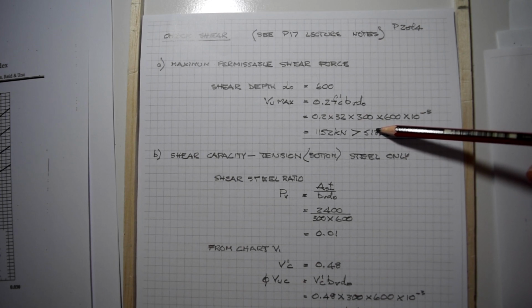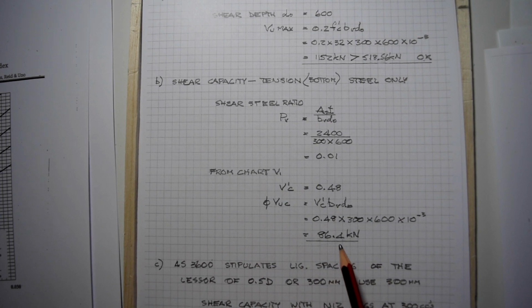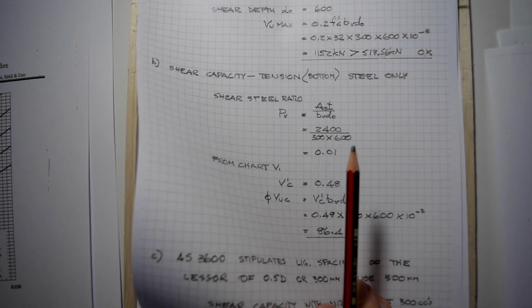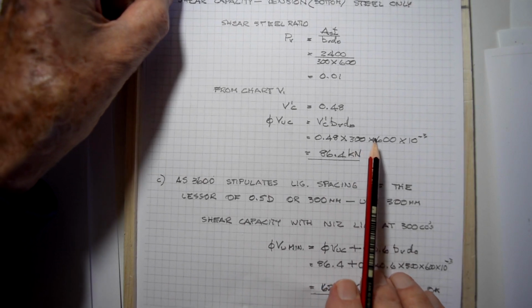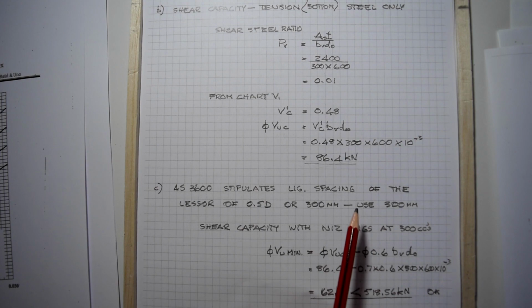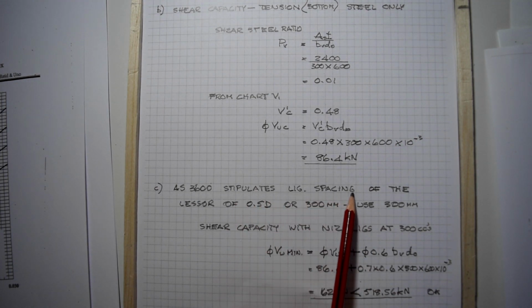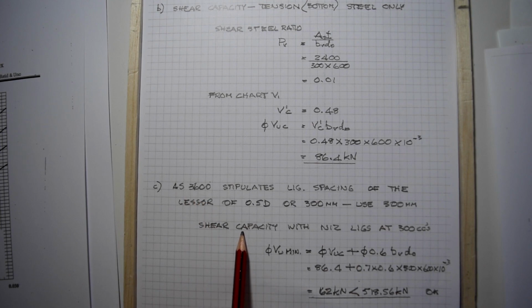Okay, so just to recap, first step, we found out what the maximum shear force is that you could put on the beam. Second step, we found out how strong the beam was with just the tension reinforcement. And the third part of the question asks you to work out what strength you would get out in shear where you used the standard lig spacing as per AS 3600.